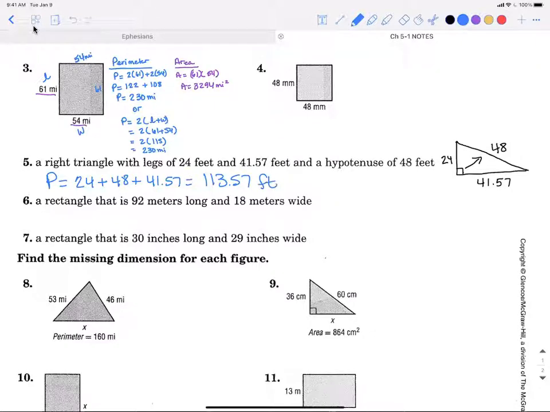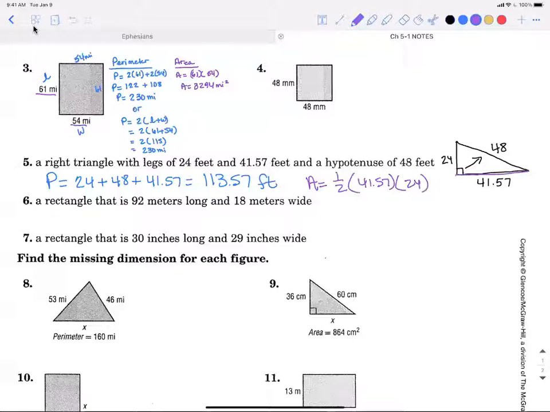Okay, for area, it is 1/2 times the base, which here's your base right here, 41.57, times the height. Well, remember the height of a right triangle is just that side leg, so times 24.